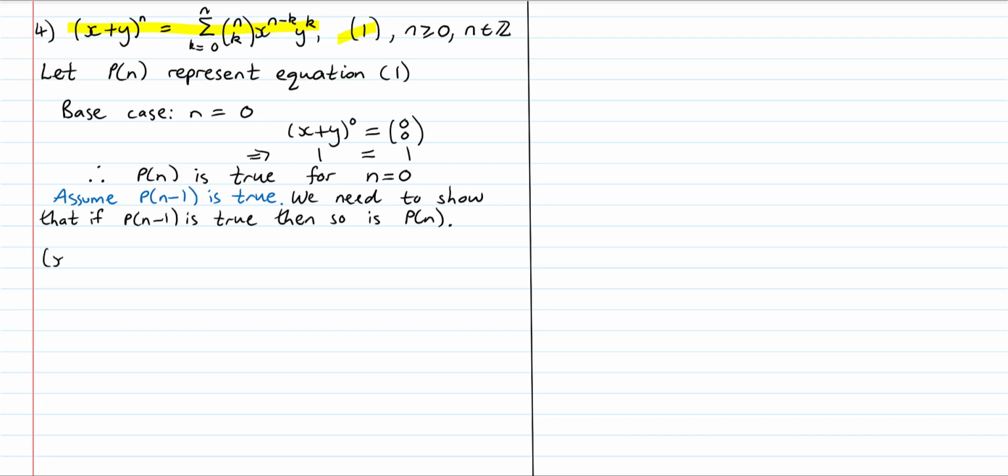So we have then (x plus y) to the power of n is going to equal (x plus y) times (x plus y) to the power of n minus 1, and that is going to equal (x plus y) times the sum going from k equals 0 to n minus 1, then we have n minus 1 choose k times x to the power of n minus 1 minus k times y to the k. So we know that those parts in blue there are equal by our hypothesis statement.